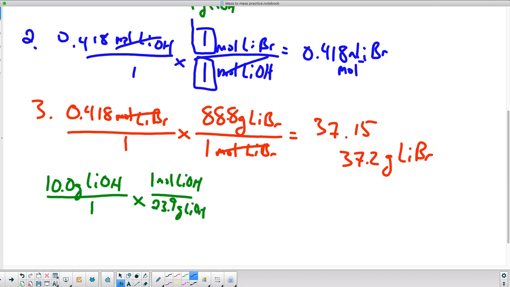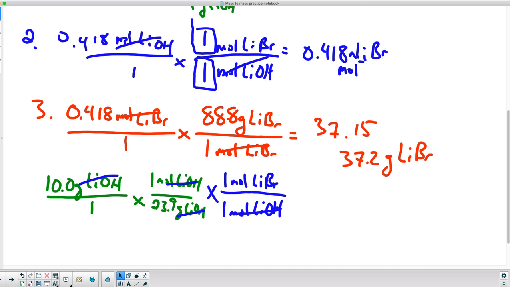The next step then, and I'm not doing equals at all, I'm going right into another calculation, and this one is going to be from 1 mole of lithium bromide to 1 mole of lithium hydroxide. Okay, so the reason why I did that is grams of lithium hydroxide cancel with grams of lithium hydroxide. Moles of lithium hydroxide cancel with moles of lithium hydroxide.